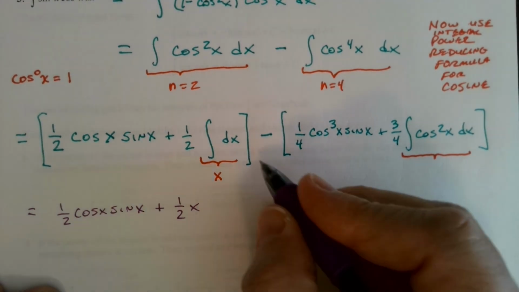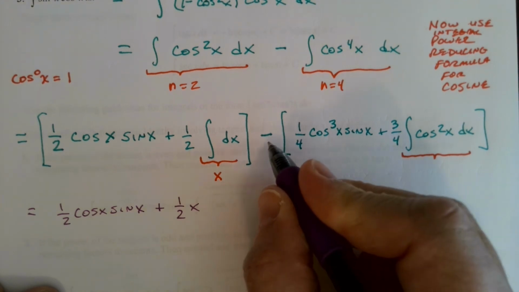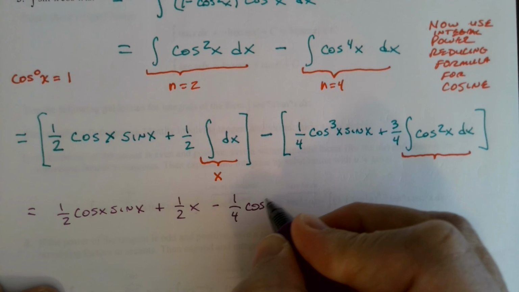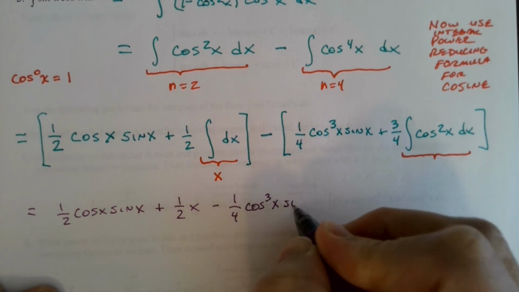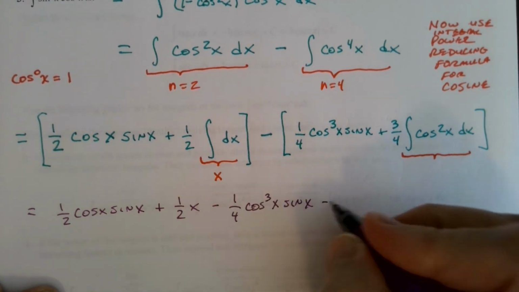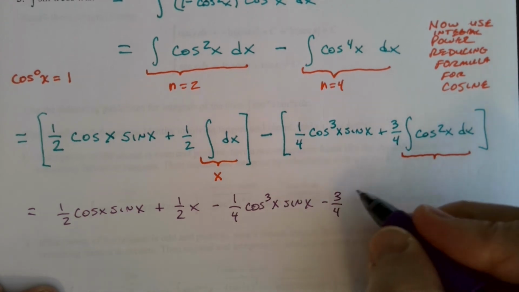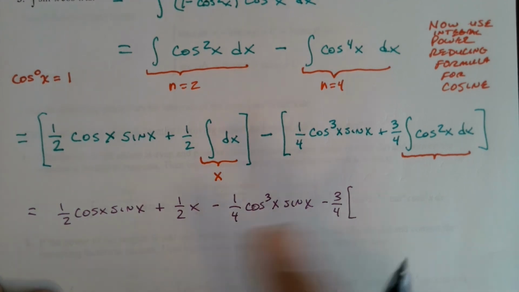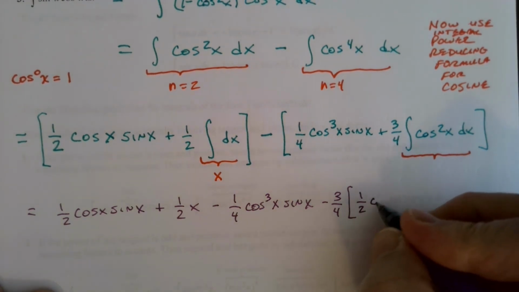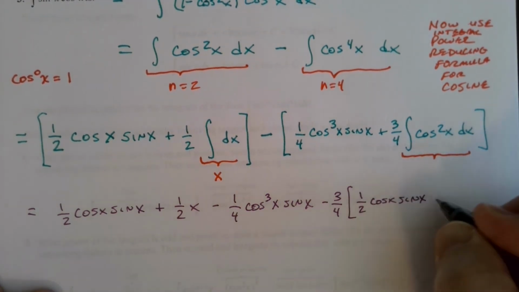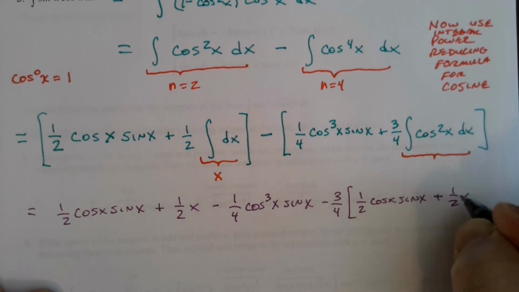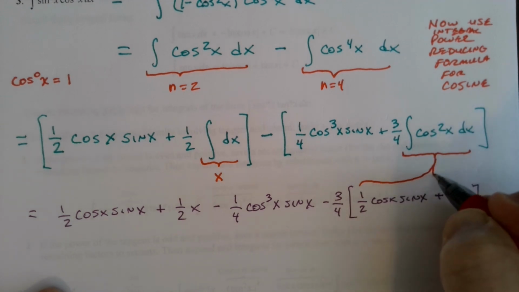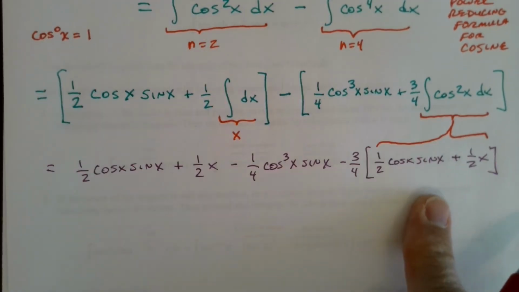So here I've got, be careful, minus 1/4 cosine cubed x sine of x minus 3/4 times the integral of this thing. And what's the integral of this thing? That's going to be 1/2 cosine x sine of x plus 1/2 x. All this stuff comes from what we just did over here.